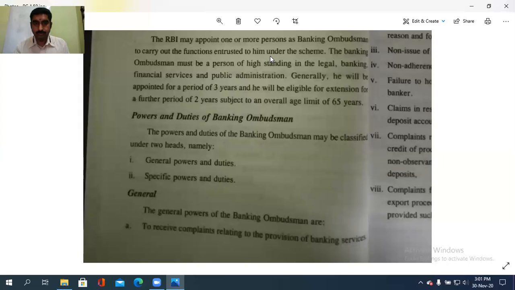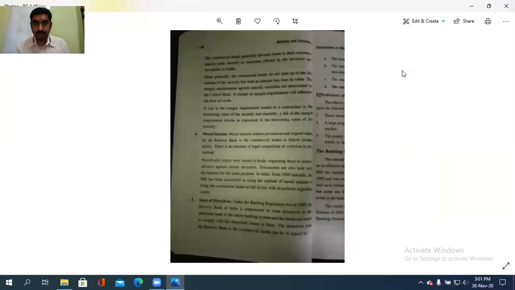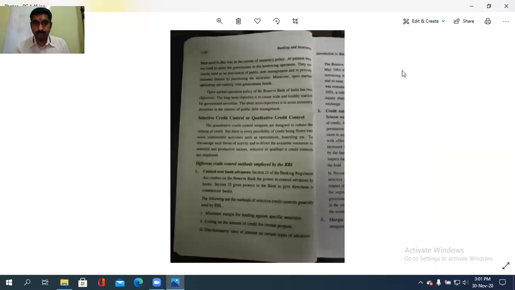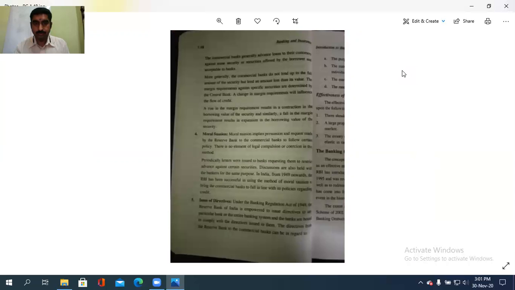Then the powers and duties of the banking ombudsman we can see in the next classes. Today we saw the qualitative credit control measures, like control over bank advances, credit authorization scheme, margin requirement, moral suasion, and issue of directives.